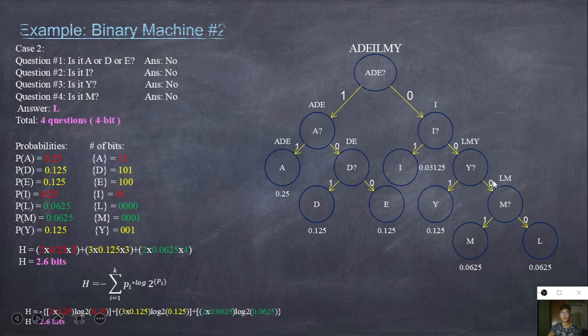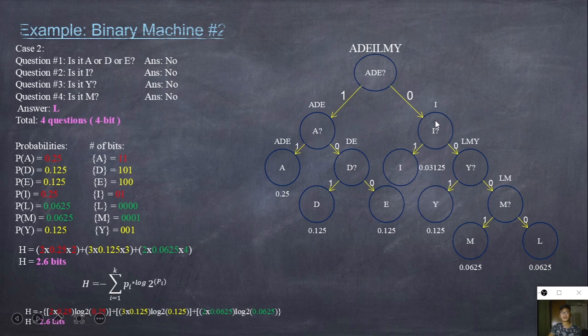For no, the possible outcomes are L and M. Is it M? For yes, we predict M, represented by 0.0625, and for no, it is L. So L has a probability of 0.0625.